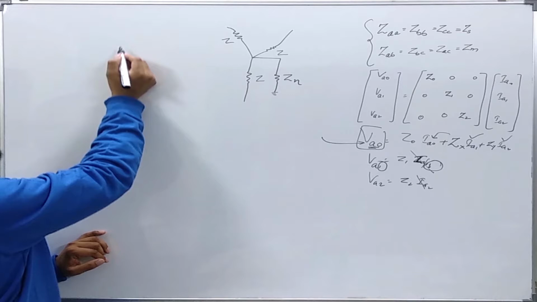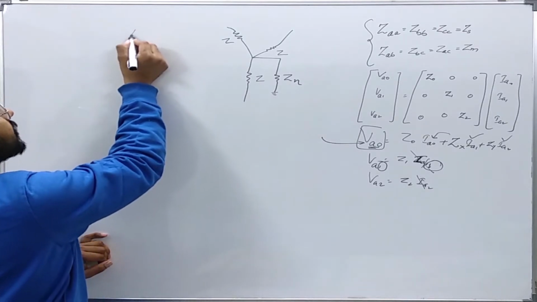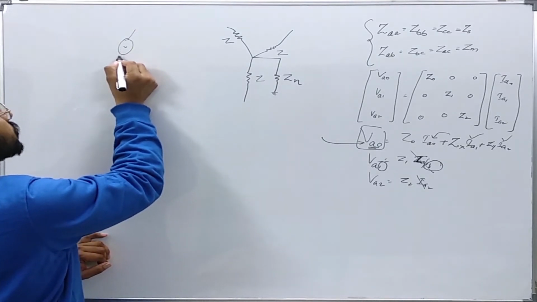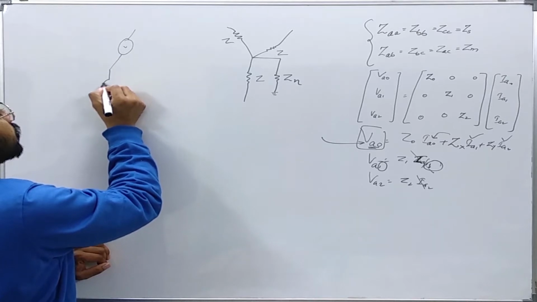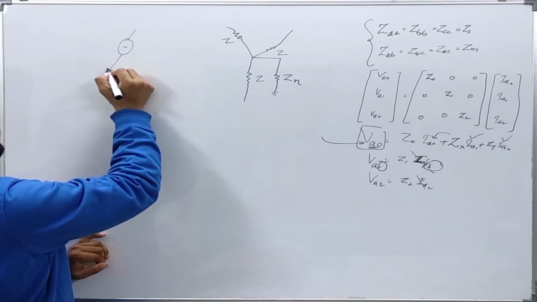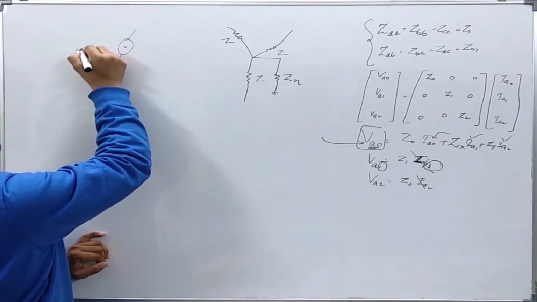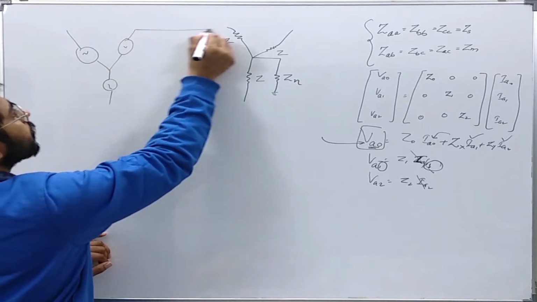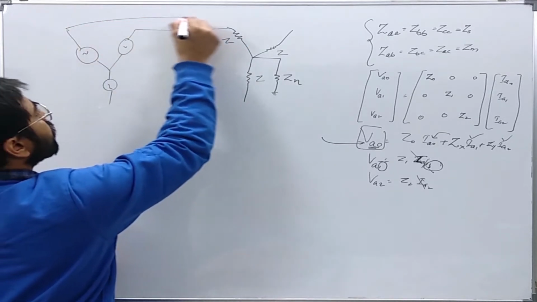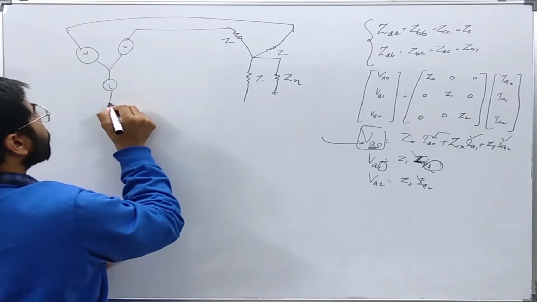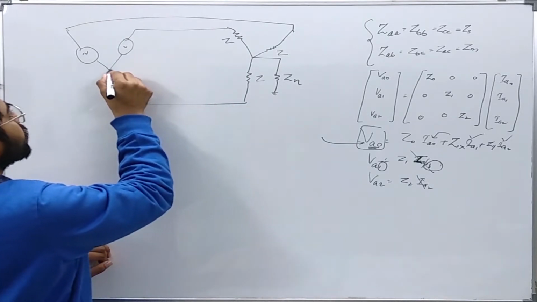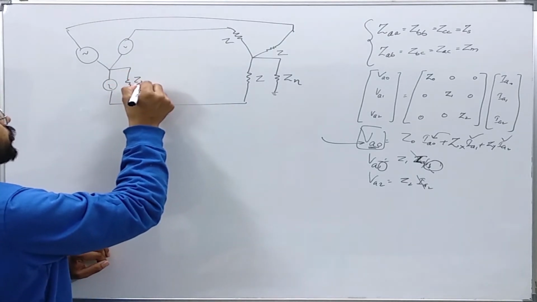Now let us say it is connected to a balanced voltage source through some, let us say, Z neutral.